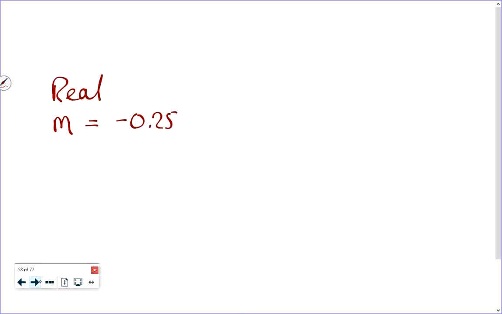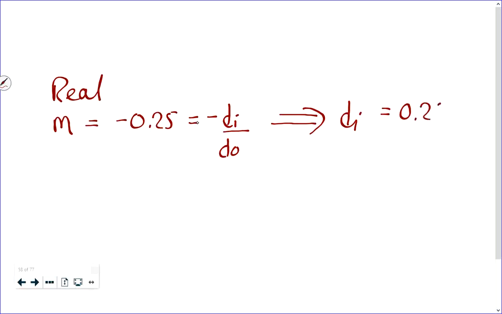So what we're going to do is we're going to set this equal to negative di over do. We're going to rearrange that for di. The negatives cancel. You're left with 0.25 do. We've got 1 over f equals 1 over do plus 1 over di.